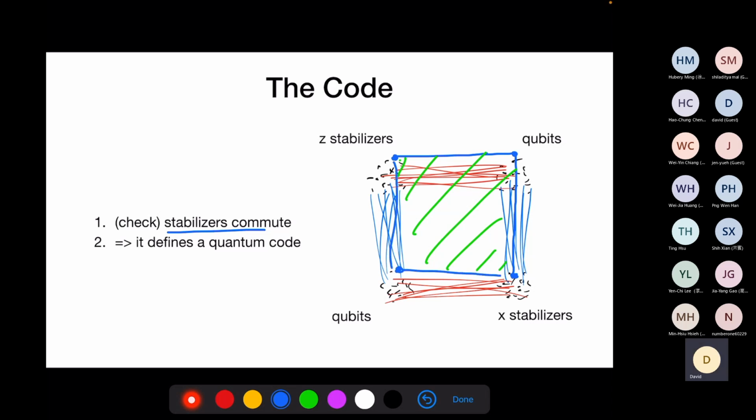So given any X stabilizer and Z stabilizer, they always meet on an even number of qubits. Since even is equal to 0 under F2, the X stabilizer and Z stabilizer commute inside this code. So that defines the quantum code.